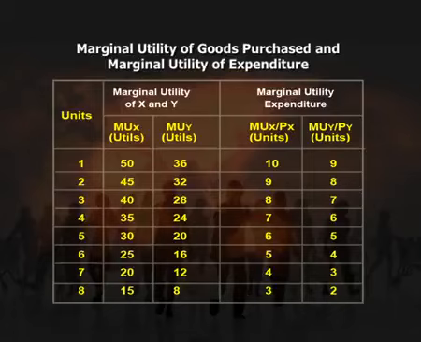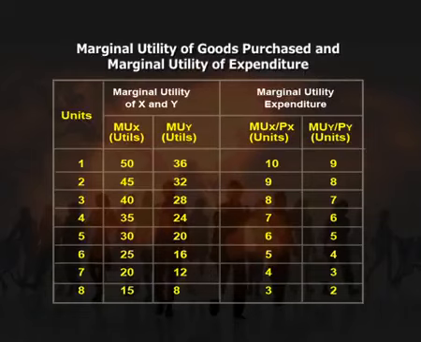Alternatively, assume that a consumer spends all his budget of rupees 50 to purchase good Y. Since the price of a unit of good Y is rupees 4, he can buy only 12 units of Y. In this case also, MU derived from the purchase of each subsequent unit of good Y declines due to the application of the law of diminishing marginal utility.